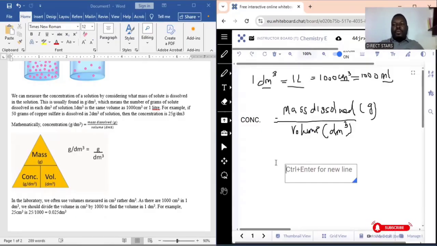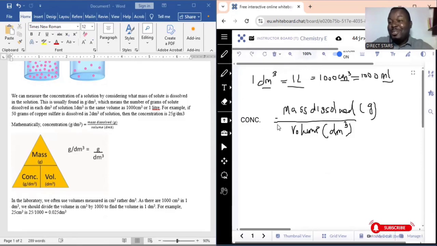Let's take, for example, the question I just read out. We have 50 gram of copper sulfate in 2 dm cube, which is otherwise known as 2 liters.